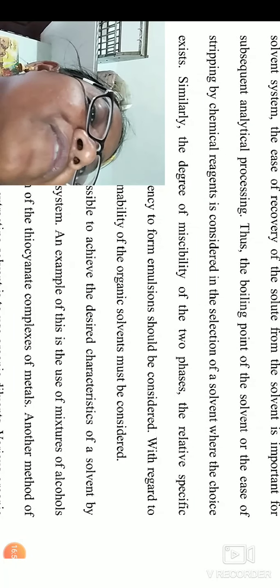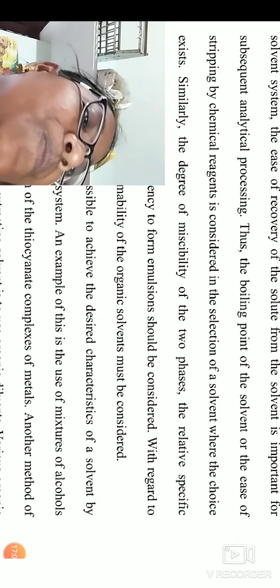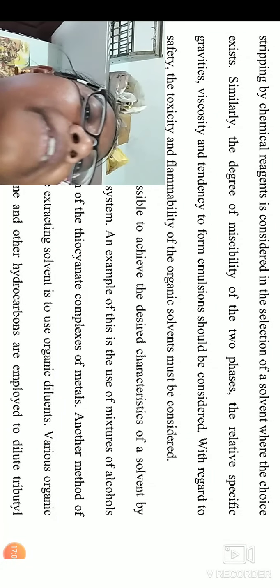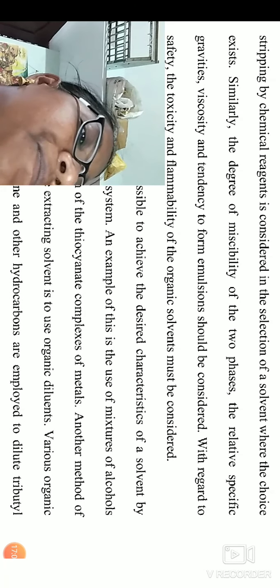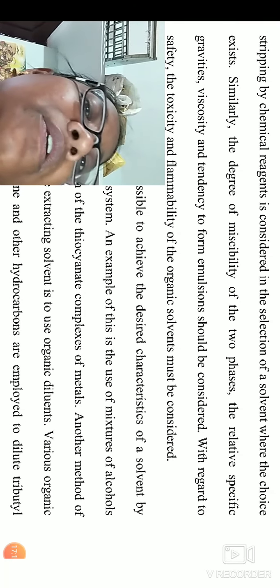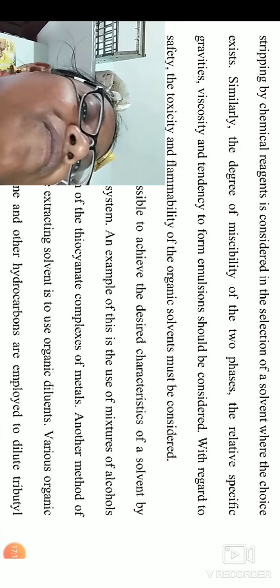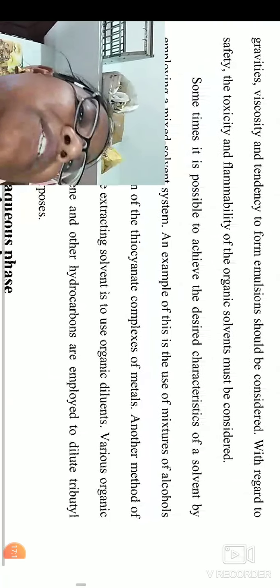Similarly, the degree of miscibility of the two phases, the relative specific gravities, viscosity, and tendency to form emulsions should be considered, as well as safety, toxicity, and flammability of the organic solvents.